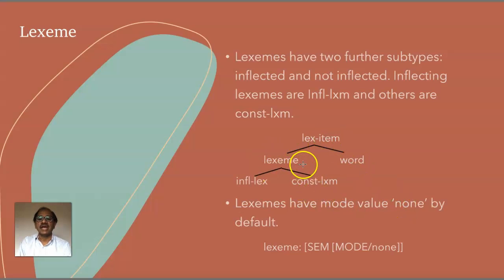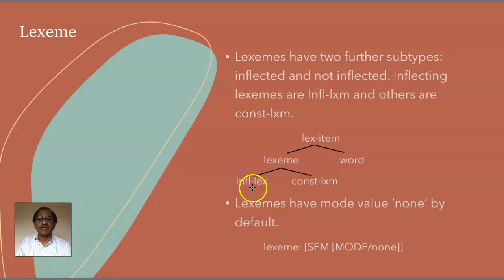This is the constraint: lexeme with semantics mode value none. If we say mode value of lexemes is none, then inflecting lexemes and constant lexemes will also have mode value none. But whatever subtypes we get in these may have some contradictory information.